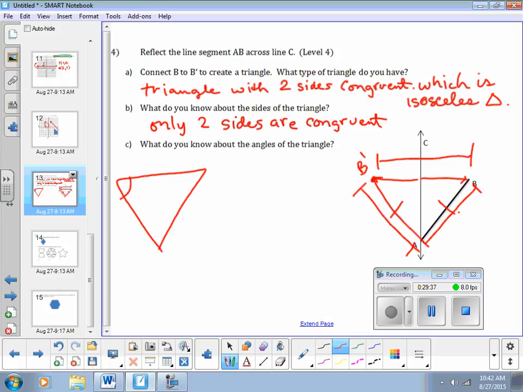If there are two sides that are congruent, the angles opposite them have to be congruent. We don't know what they measure, but they have to be congruent. So what do I know about the angles of the triangle? Two of the angles are congruent. We don't know how much they measure.